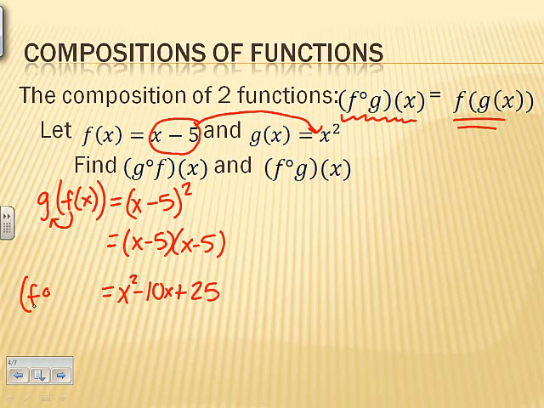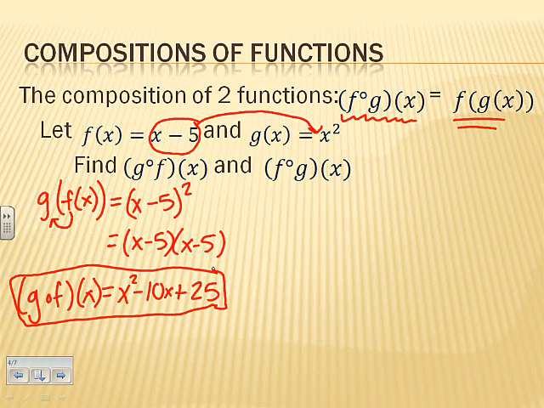So g of f of x will equal that. So then if I want to do this one, this means f of g of x. So I'm going the reverse way this time, and I'm plugging g into f.